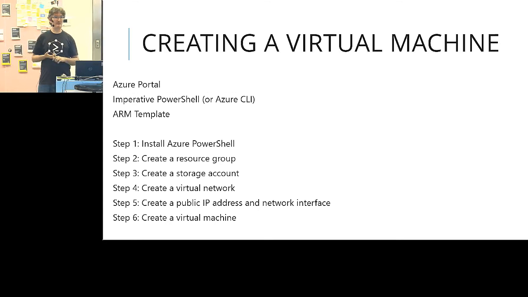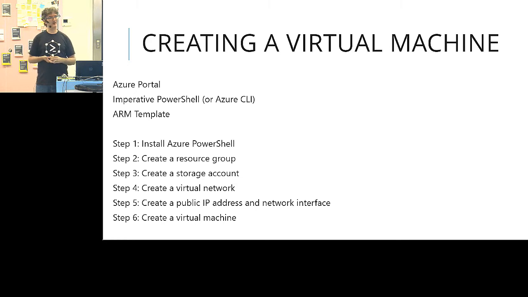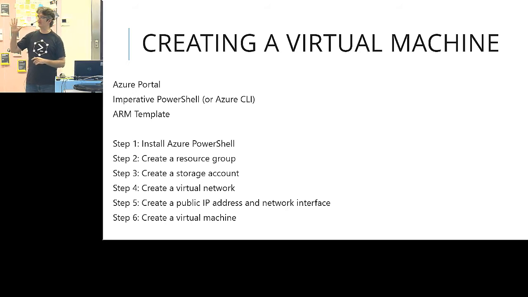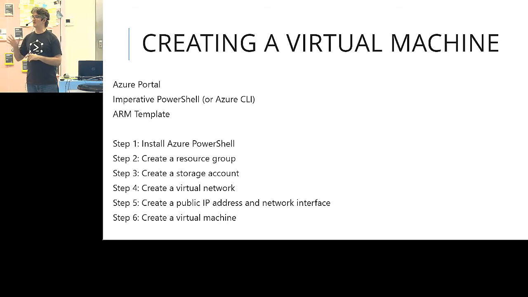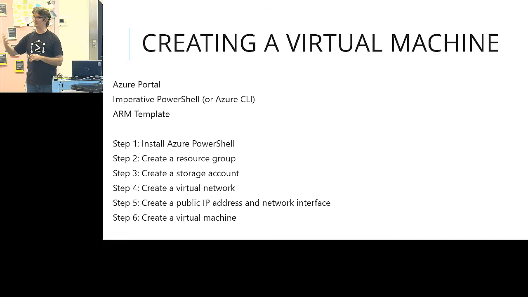Then you need a public IP address, maybe, but usually, especially for demos when you work with single standalone machines, you need a public IP address, you need the NIC, and you need the virtual machine. So those are the 5 resources that you will need to create with your PowerShell, and you will see later that even when we work with the ARM templates in Visual Studio and we use one of those starter templates for VM, we will get those 5 resources as well.